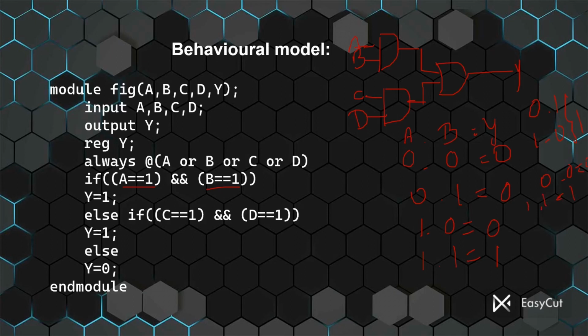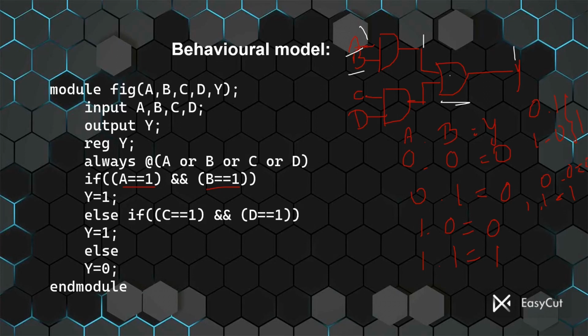So here, if either of the inputs given to A and B is 1, then the output will be 1. So for an OR gate, if any of the inputs is 1, then the output will be 1.